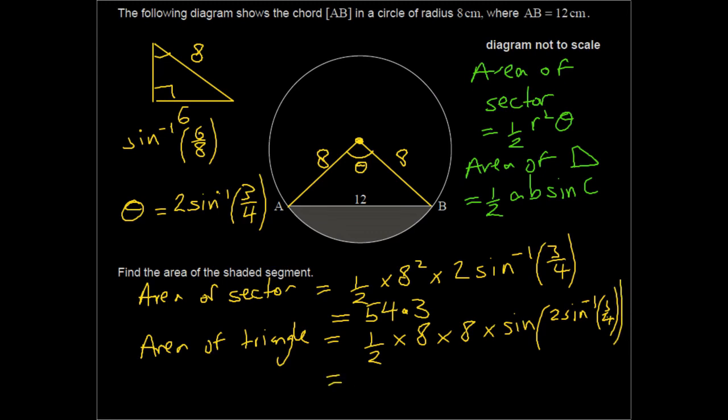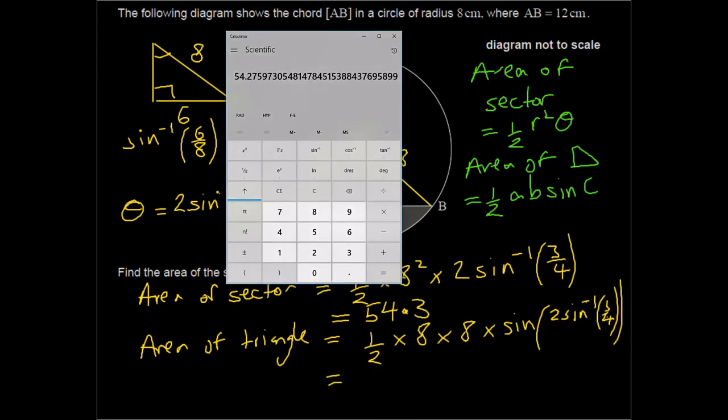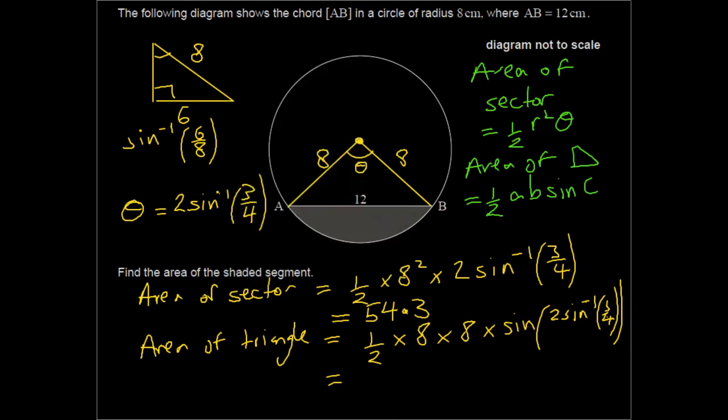Okay, so I can work out what that is. If I do the angle, so start with 3 divided by 4, inverse sine that, times that by 2, and then do the sine of that, then times that by 8, and then divide by 2. That's going to give me 31.7.